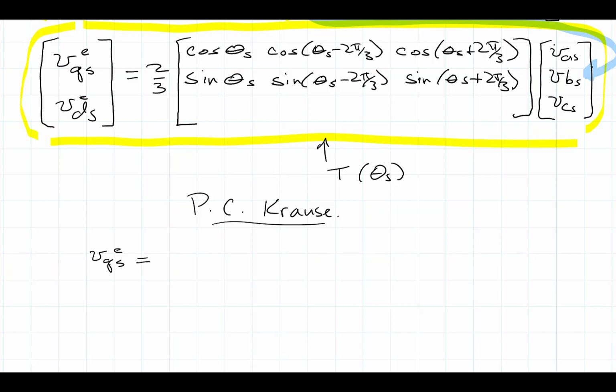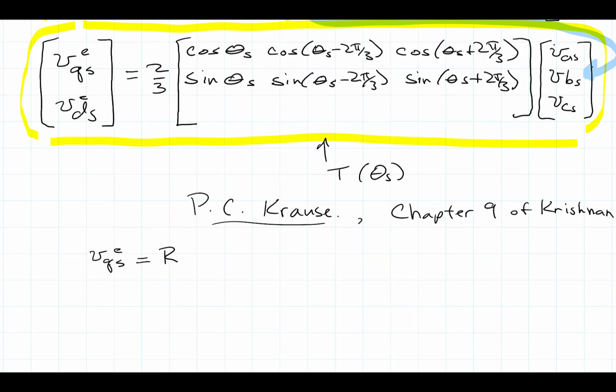And if you want to understand where everything I'm talking about is coming from, go to chapter 9. We're really going all over the map here of Krishnan's book. Okay, so in chapter 9, we get VQS is equal to, I'm going to write these expressions a little bit differently.